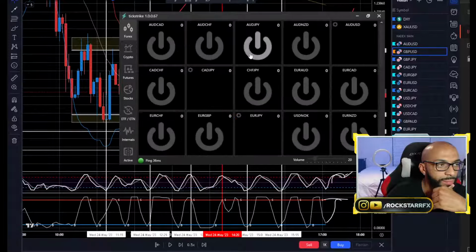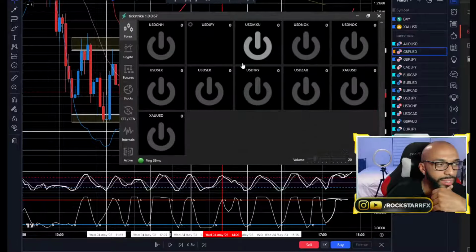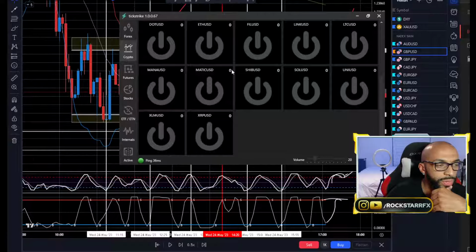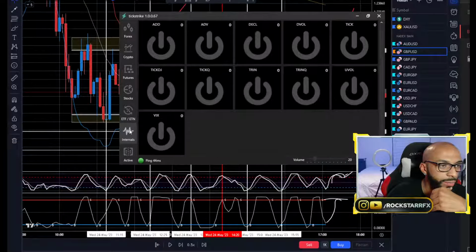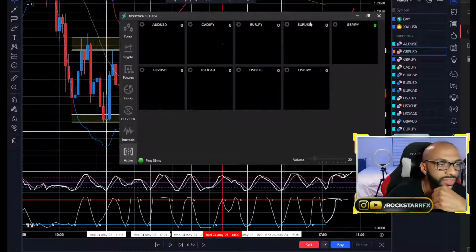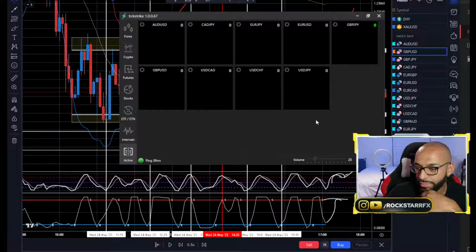They have all the Forex pairs you can add. They have all the cryptos, like, well, the main cryptos, not all the cryptos. They got futures, stocks, ETFs, ECNs. All right. Intervals. I don't know what intervals is, to be honest with you. And then these are the active ones. These are the ones that I turned on.